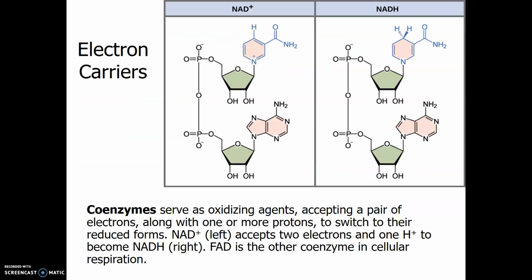We have coenzymes, and we've talked about them already, but the coenzymes that serve as oxidizing agents, meaning they are sources of hydrogen ions and electrons. One is NADH. You don't have to know the name.